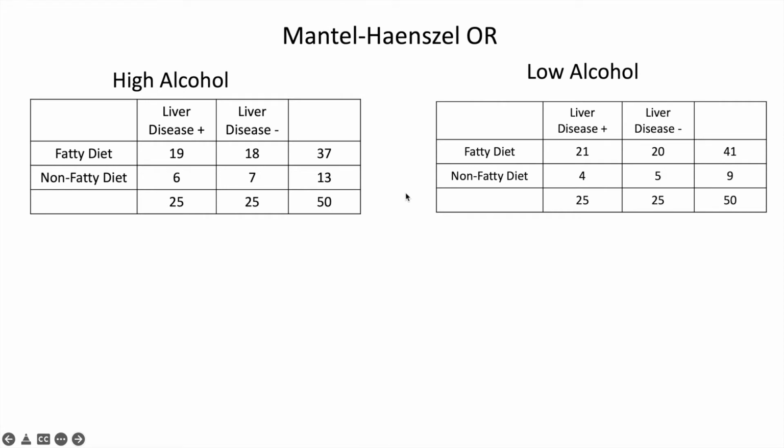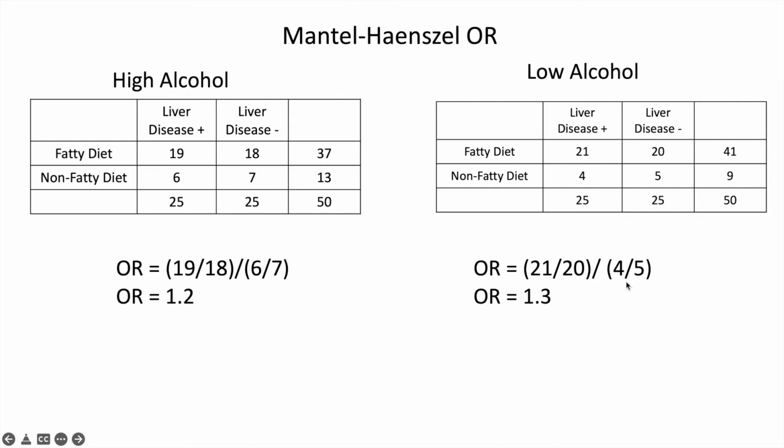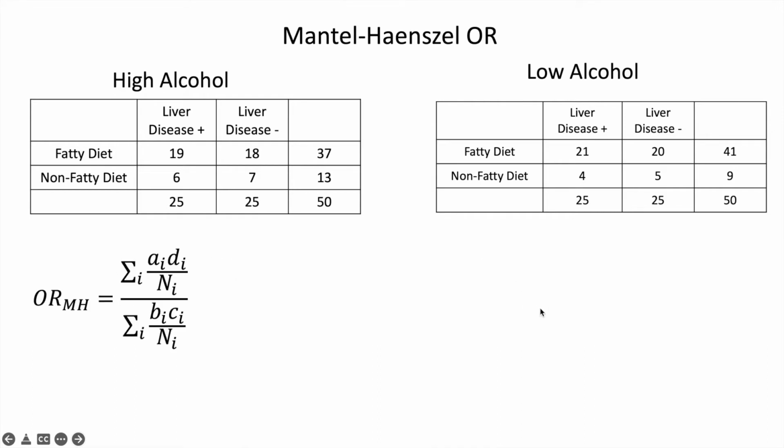But if we separate them into the 50 that consume high alcohol and the 50 that consume low alcohol, we're able to calculate the stratum-specific odds ratio. So here we can calculate the odds ratio among those who consume high alcohol, so 19 over 18 divided by 6 over 7 comes out to 1.2. And same with low alcohol, so 21 over 20 divided by 4 over 5, it comes out to 1.3.